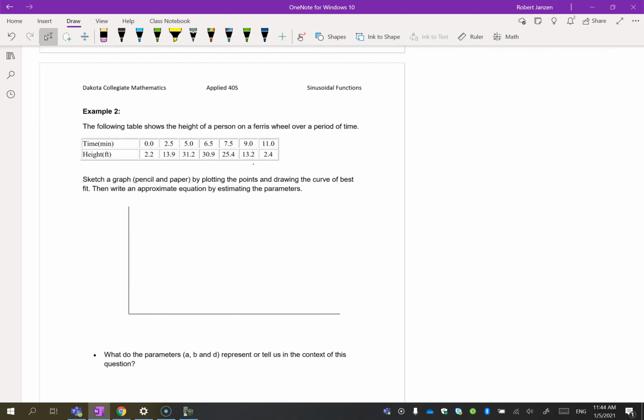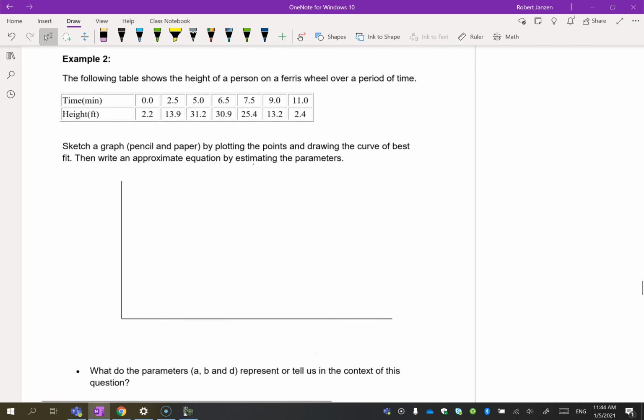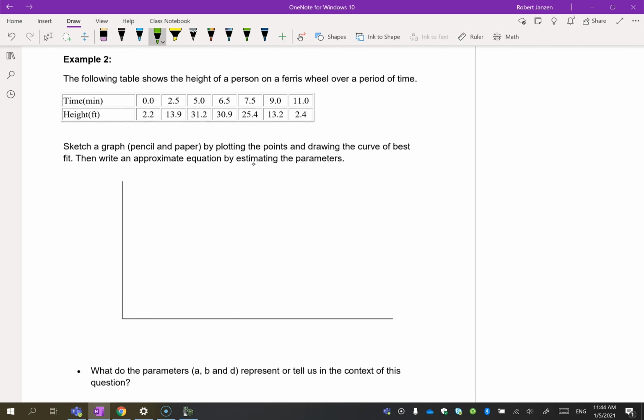The following table shows the height of a person on a Ferris wheel over a period of time. Sketch a graph by plotting the points. So time, we're going to go up to 11. If we want to divide this up a little bit, 1, 2, 3, 4, 5, 6, 7, 8, 9, 10, 11.